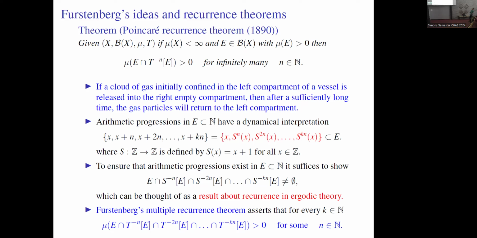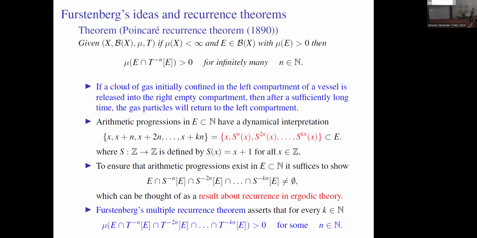In fact, the Furstenberg multiple recurrence theorem asserts that for every integer k, the measure of this event is positive for some n, and in fact for infinitely many n, as we will see.